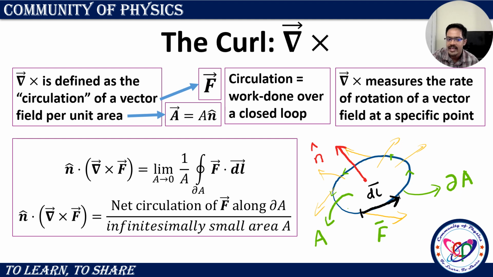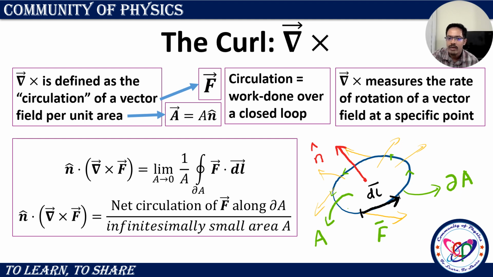So basically that is n hat dot curl of F. Therefore n hat dot curl of F is nothing but the net circulation of F along del A divided by the infinitesimally small area A. So curl of F in general measures how much a vector field rotates along an arbitrary area. That is our curl. Now we have understood gradient, divergence, and curl, all of them.